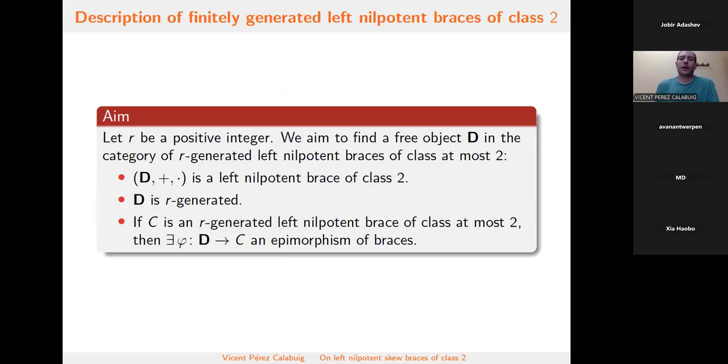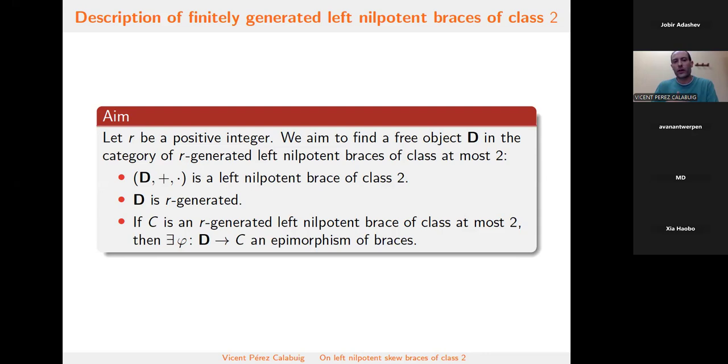Recall that one way to describe finitely generated groups can be done by means of finite presentations. We know that a finite presentation is given by the quotient of a free group over a finite set with a finite set of relations.